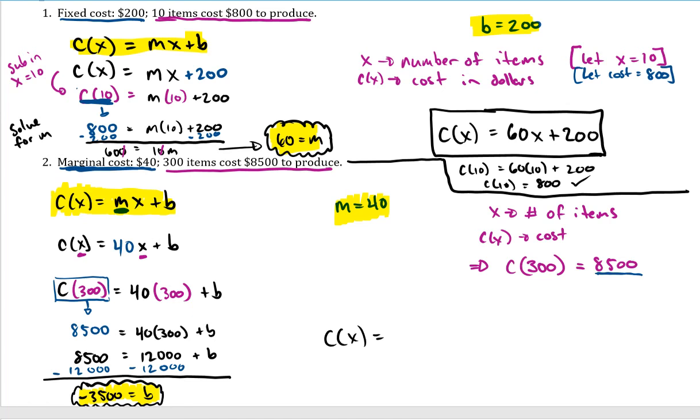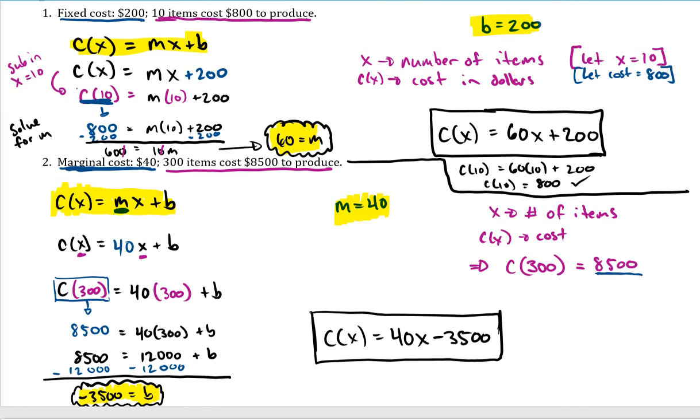So c of x equals, change the m to 40, and then plus b, but it is minus 3,500 in this case. So there we go. So that is our cost. Okay, so there we are.